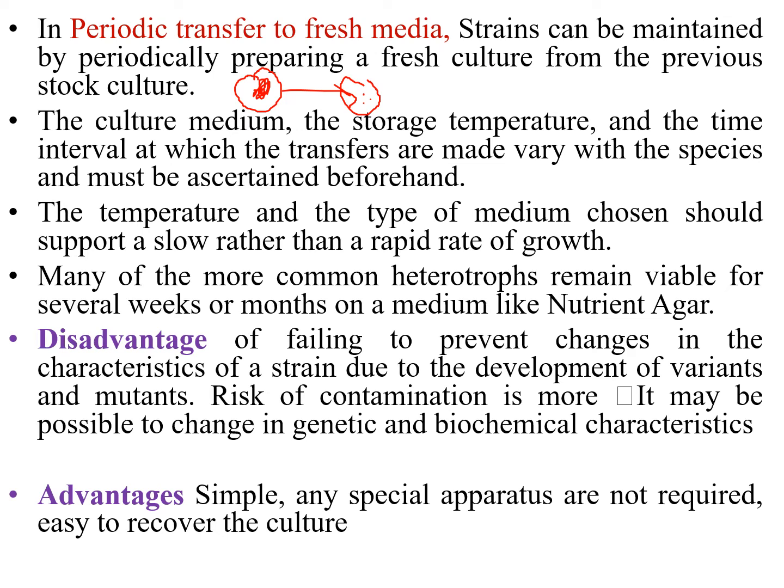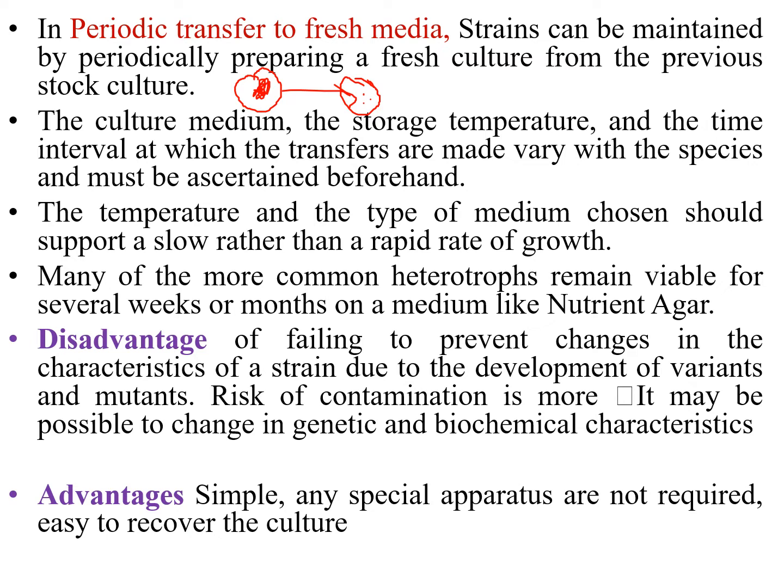This comes under the periodic transfer of fresh media. The culture media, the storage temperature and the time interval at which the transfers are made vary with the species. It means at what time we transfer the old culture into a new culture medium, and what storage temperature is required, varies with the species. It depends on the type of species present in the culture media.